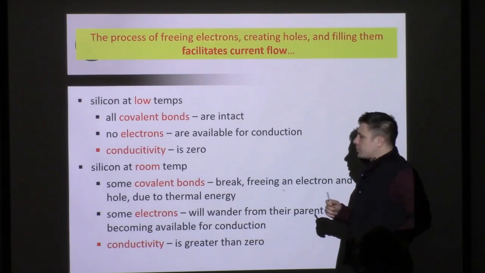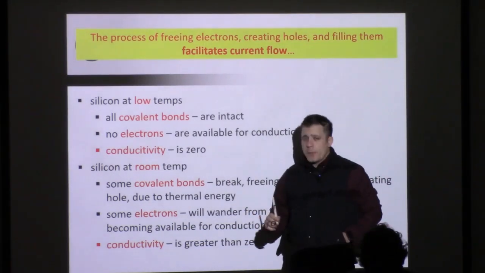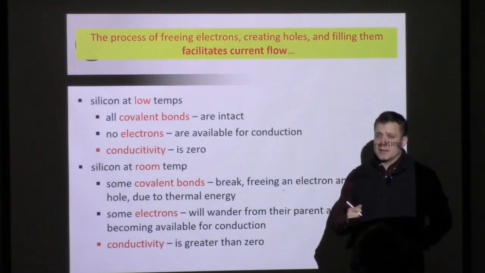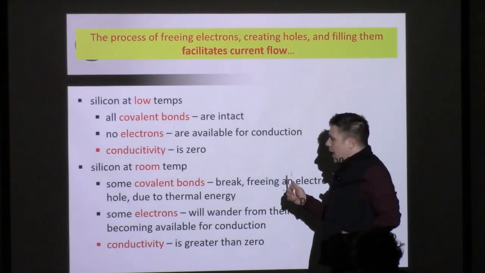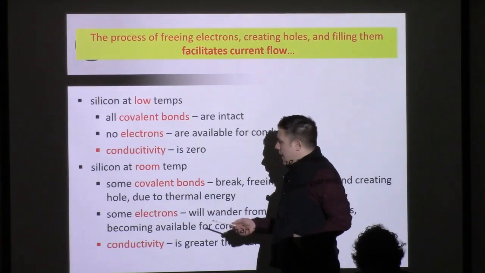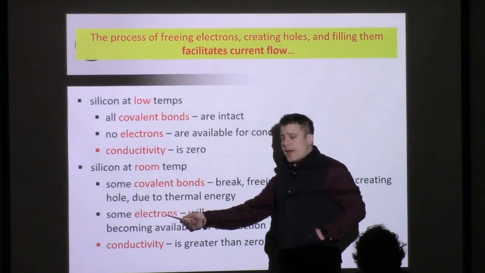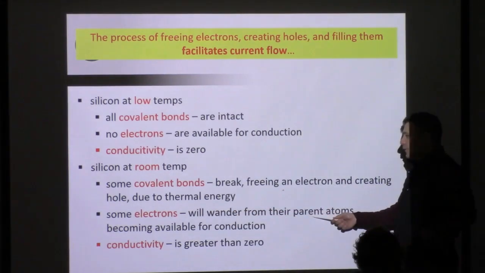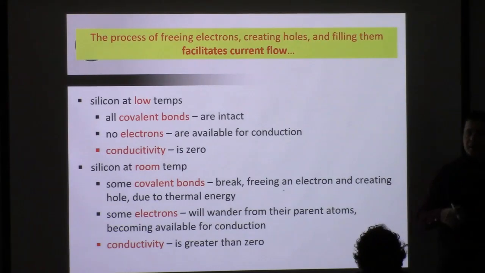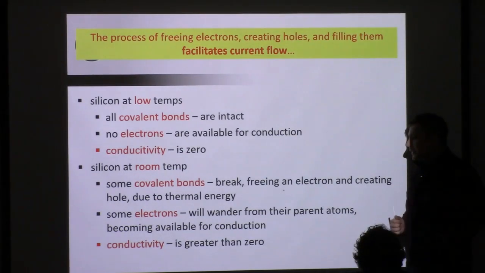When you get to room temperature, there will be some thermal energy inside the lattice, which means that we can imagine it like shaking slightly. And so that will cause some of the covalent bonds to break periodically. And when a covalent bond breaks, electrons will be freed. They'll wander from their parent atom, or what was their parent atom, and be available to participate in conduction.